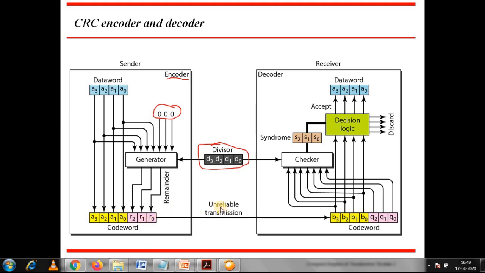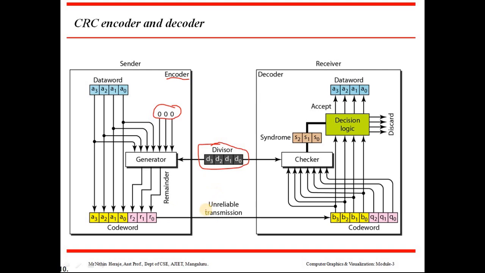Now this will be sent in the unreliable transmission. So unreliable in the sense, again, it is not a reliable transmission where your data word might be changed, where your sent message might be altered.